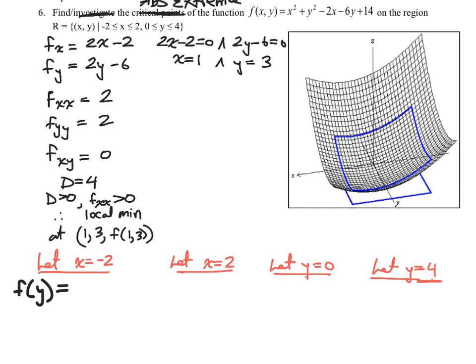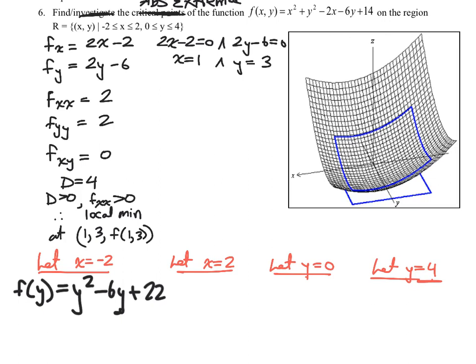So 4 plus 4 is 8, plus 14 is going to be 22. So y squared minus 6y plus 22. All right, parabola, wonderful. X equals 2, these are going to zero out, all right, 4 and -4.